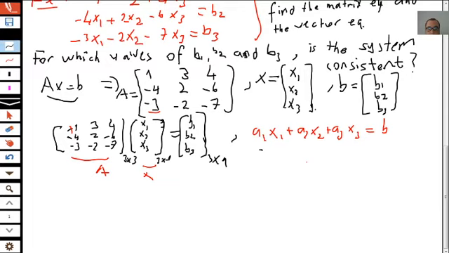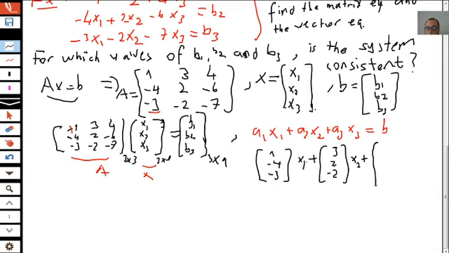So you write it like this: A1, with components 1, minus 4, minus 3, times x1, plus A2, with entries 3, 2, minus 2, which is the second column of the coefficient matrix, as you can see, times x2, plus the vector 4, minus 6, minus 7 times x3, is equal to the vector B, which has the components b1, b2 and b3.